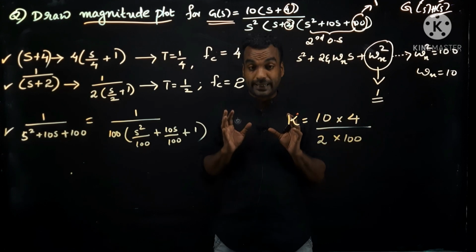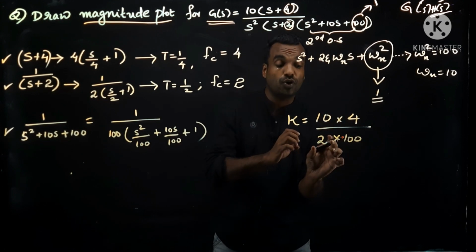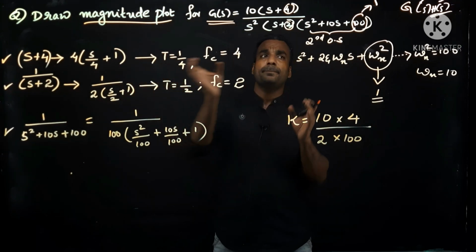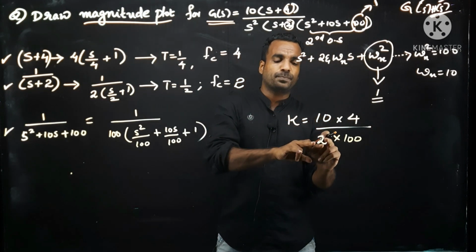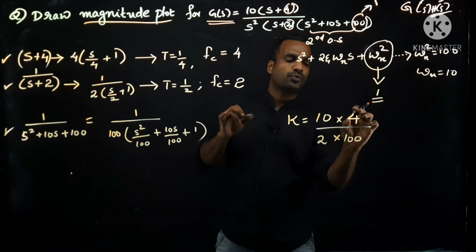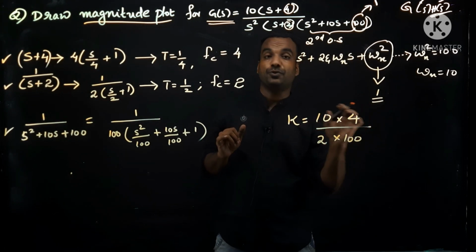So don't get confused placing these coefficients in the correct position. If you are taking outside from the denominator, you have to place it in the denominator itself. If you are taking from the numerator, you have to place it in the numerator itself.